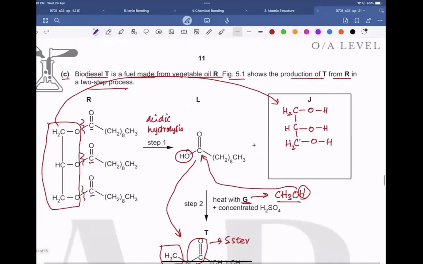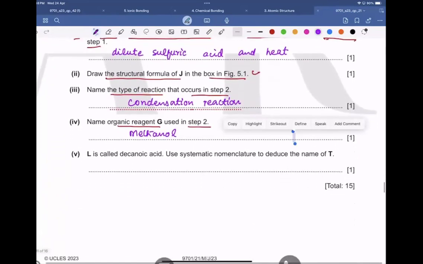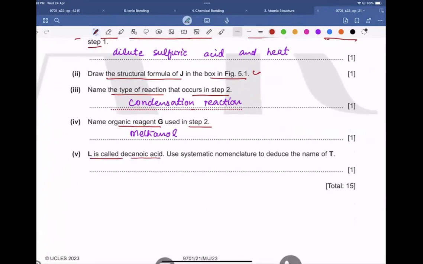And okay, J is called a triol. See, there are three OH groups in it. So it is called a triol. Okay, now, is this clear to you, Umar? L is called decanoic acid. Use systematic nomenclature to deduce the name of T. Okay, so see, they have given you the hint over here. When the ester forms, the carboxylic acid part turns into alkanoate.